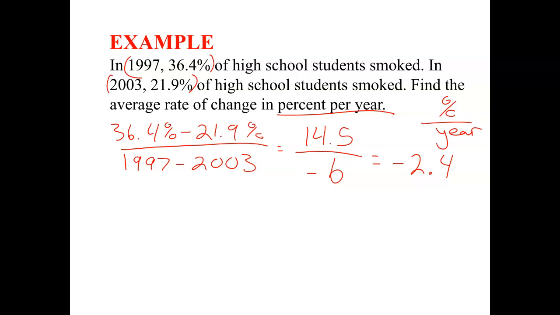Okay, negative 2.4% per year. Okay, so did the amount of smokers go up or down? It's a negative slope. So as time moves forward, percent goes down 2.4% per year.